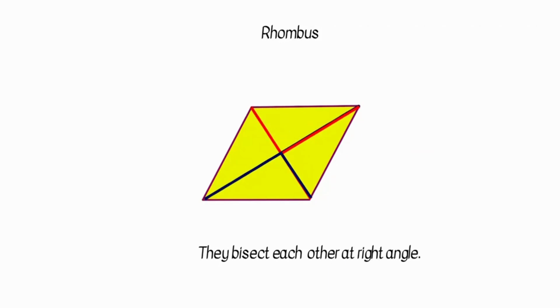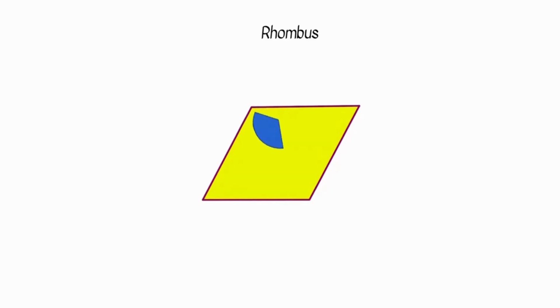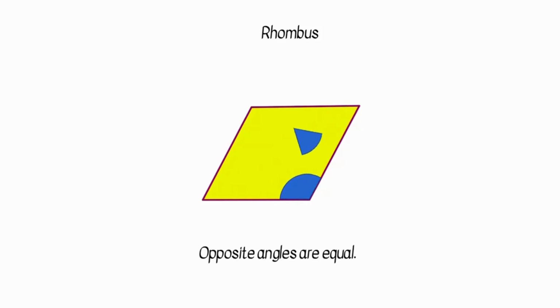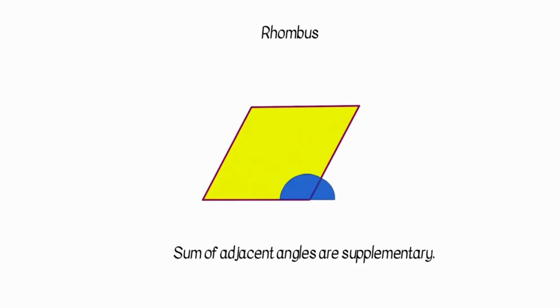They bisect each other at right angles. Opposite angles are equal. And the sum of any two adjacent angles is 180 degrees.